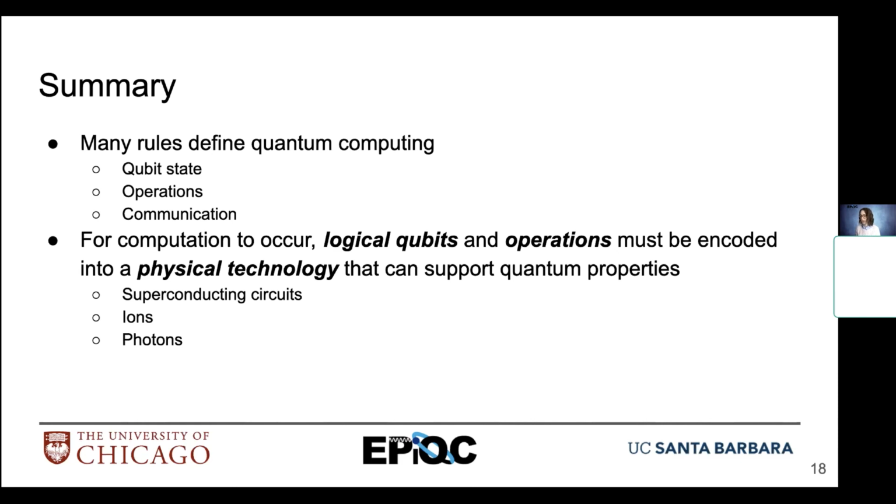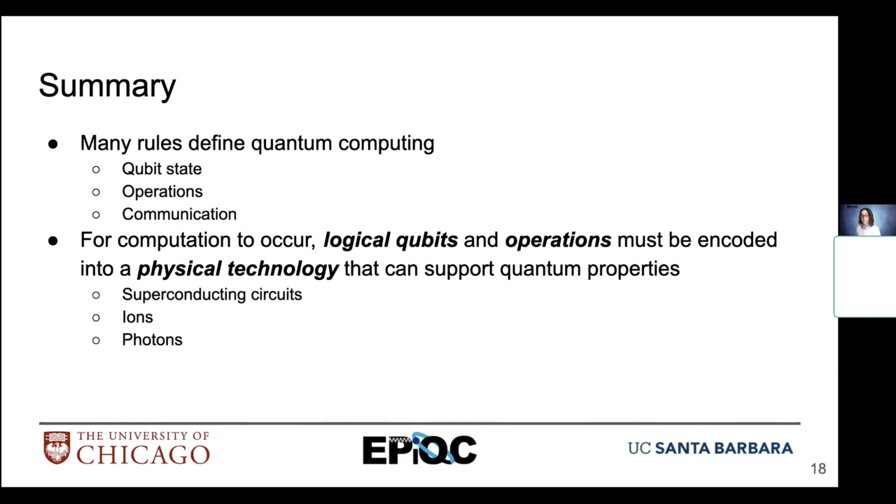There are a lot of different rules for doing that, and those rules influence how we physically realize qubit state, how we realize qubit operations, and how we implement quantum communication. So for computation to occur, logical qubits and operations must be encoded into a physical technology that can support quantum properties. That's critical. It's really, really important.